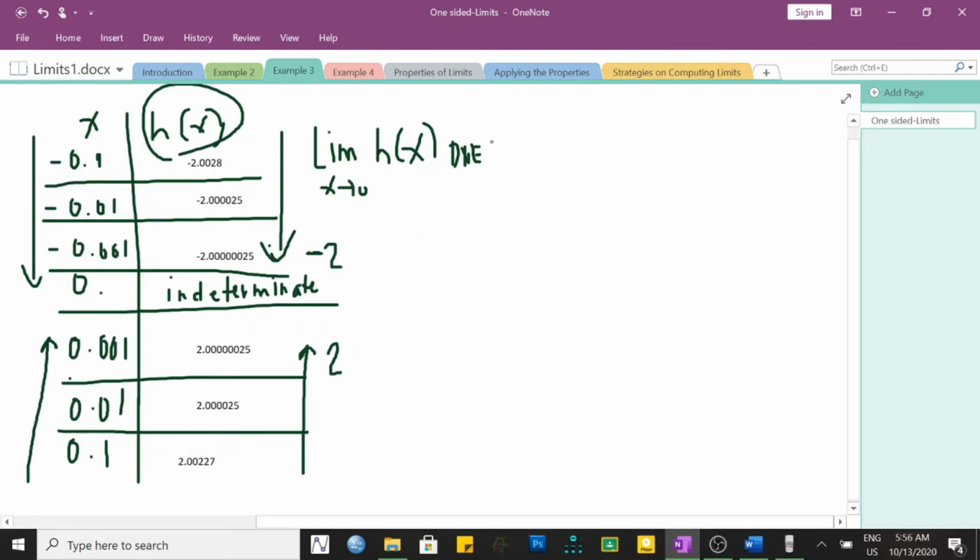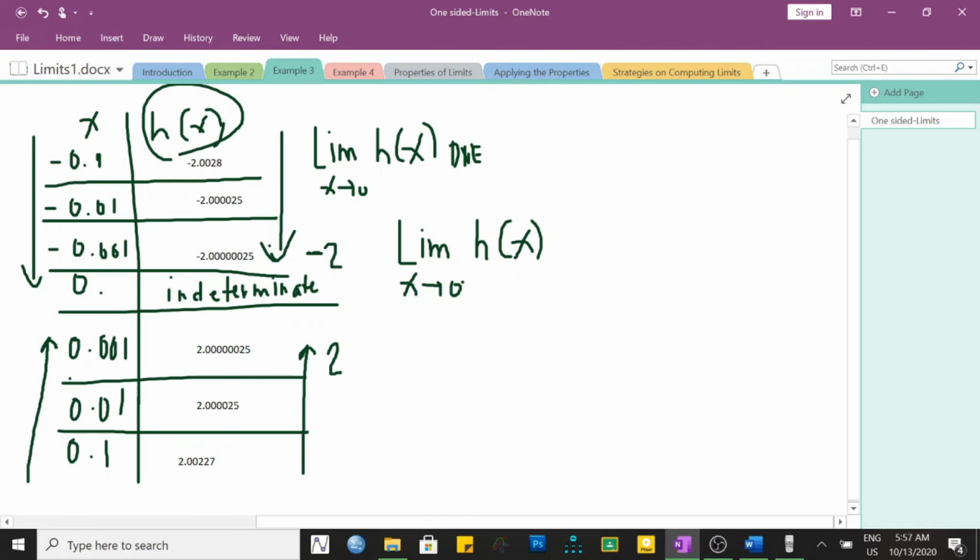However, if we want to emphasize that h of x has a limit at a particular side, then we may write the limit of h of x as x approaches 0. Now let us specify which side we are talking about.